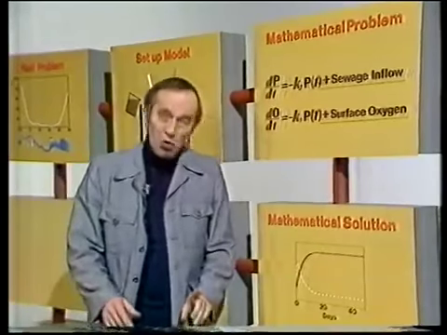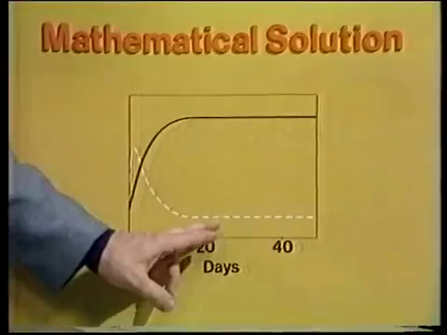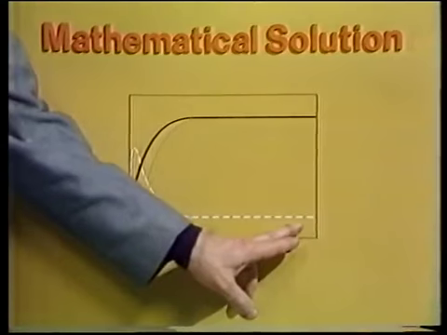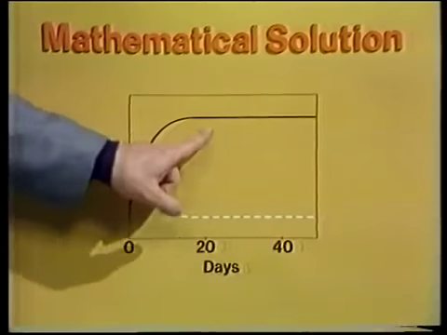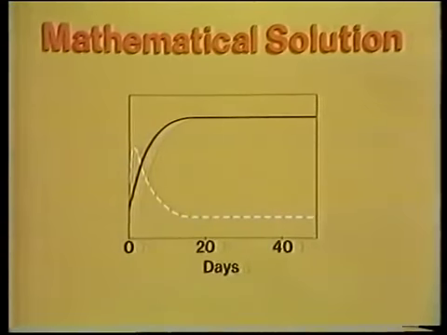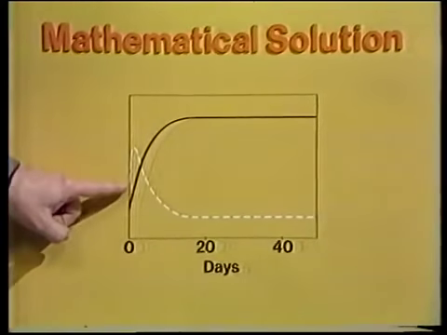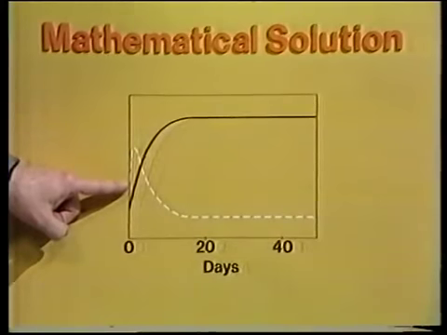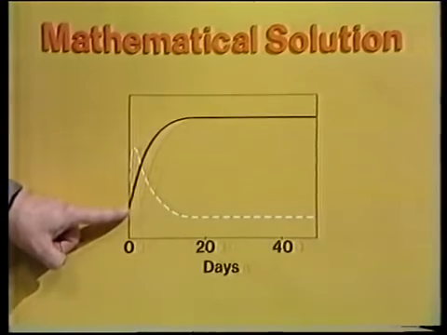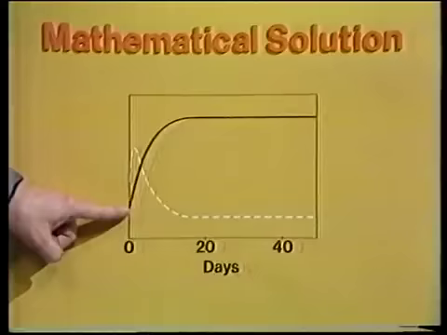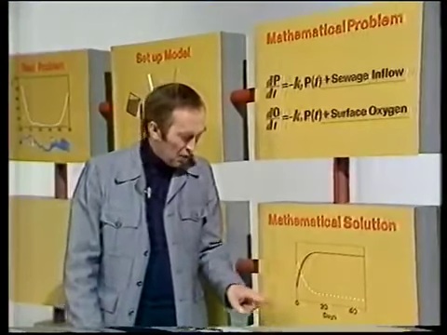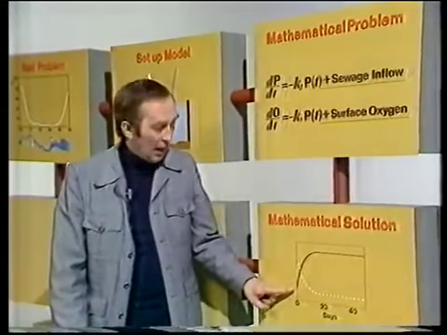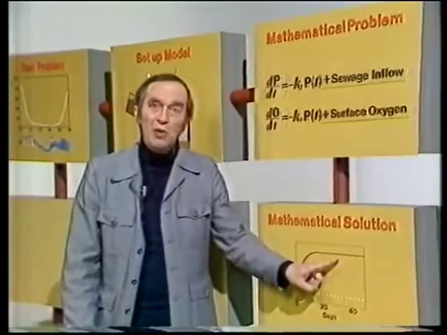Let me remind you that what we're interested in are the steady state levels of the concentration of oxygen and amount of pollutant. And I want you to think, first of all, how those might be changed by the initial concentration of oxygen and the initial amount of pollutant. Look then, when we change those, at these two and at the levels that we get here.